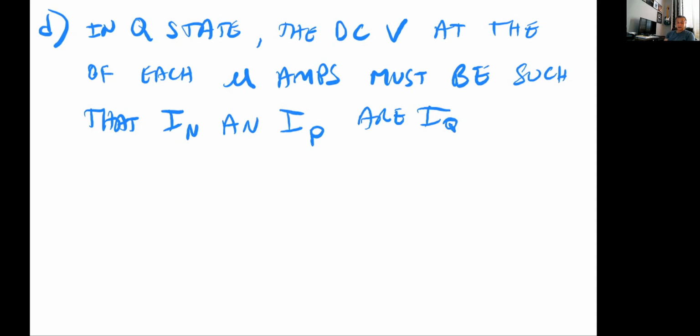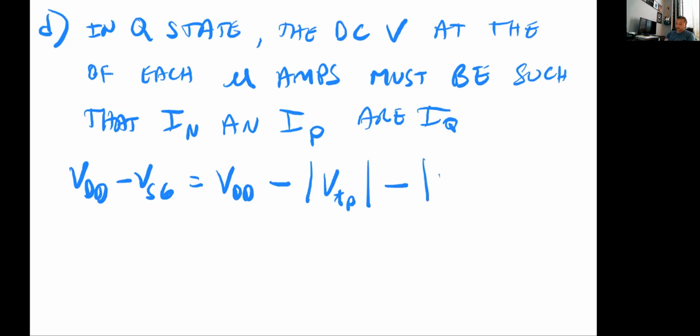So if we look at the P case, what that means is that the voltage from source to gate, down from VDD, can also be expressed as VDD minus the threshold for the P channel minus the overdrive voltage for the P channel.